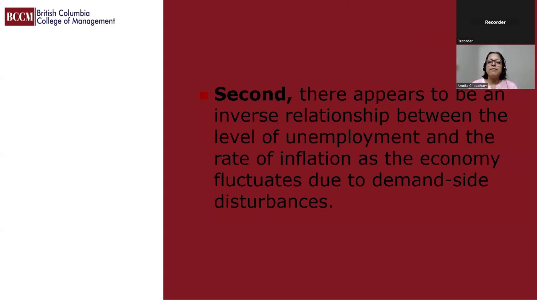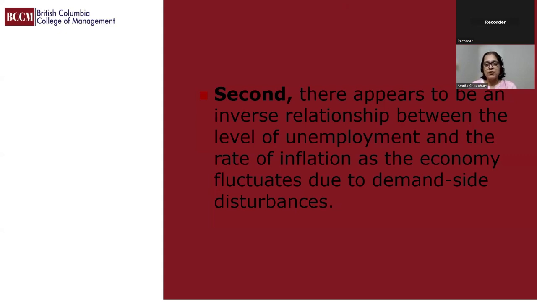This was mainly discovered by Phillips, who studied the relationship between inflation and unemployment, and found a negative relationship between the two. That is, if an economy wants to bring down unemployment, it will have to bear a high level of inflation, and vice versa. If the economy wants to control inflation, it will have to bear a high level of unemployment.